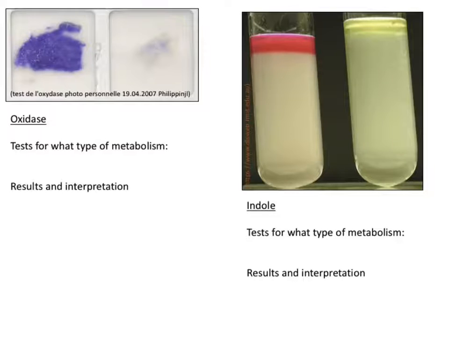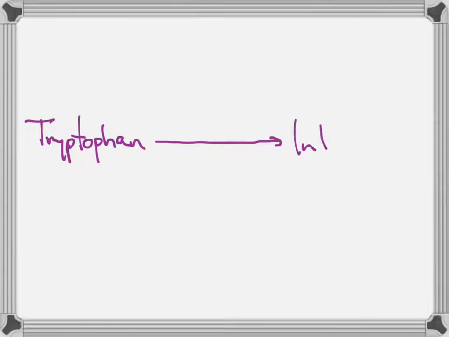When tryptophan gets broken down, we'll spend a little time with this one. But when tryptophan, which is an amino acid, gets broken down by the enzyme tryptophanase, a couple of products get produced. One is the indole. That's what we actually detect from this process.